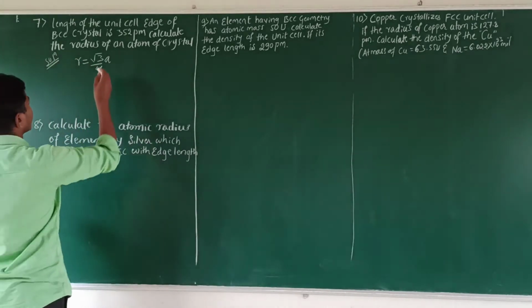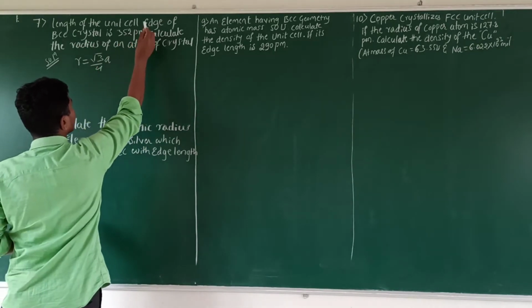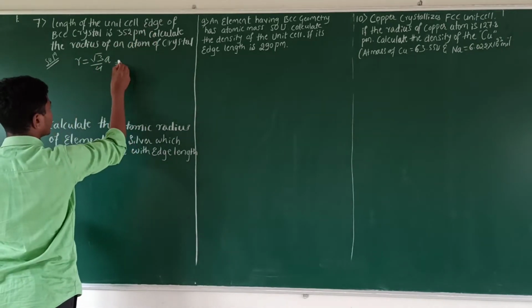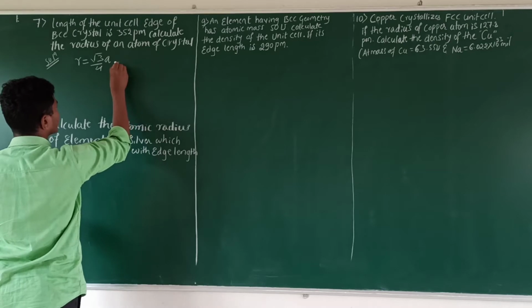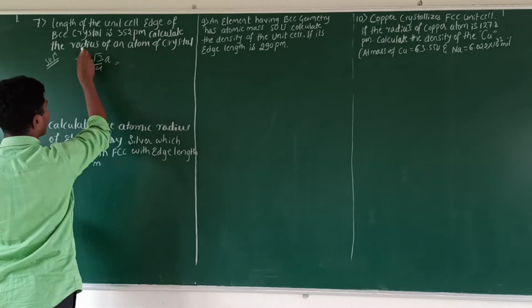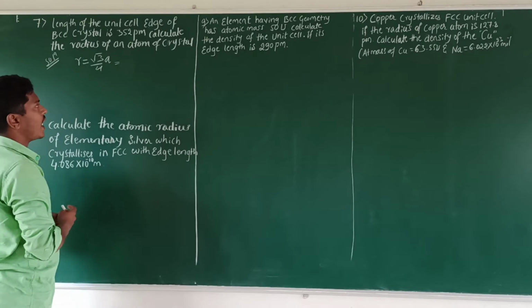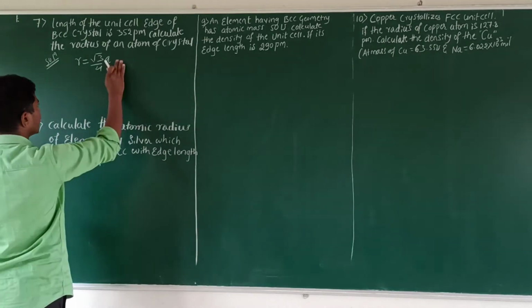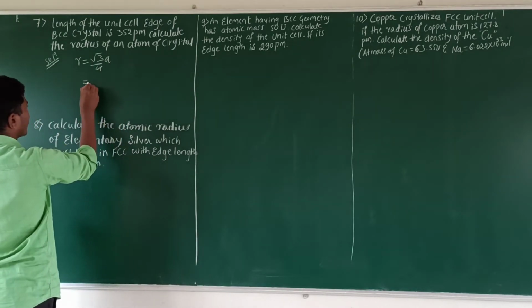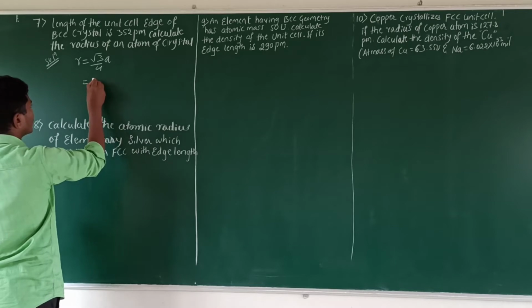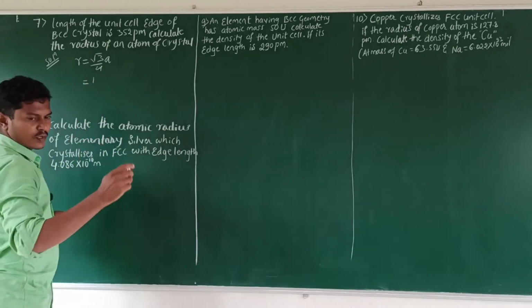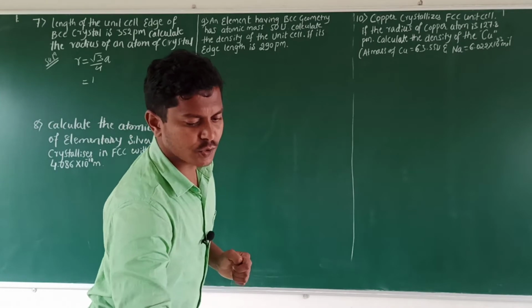They are already given the edge length, isn't it? They told us to calculate the radius of the atom of the crystal. Then we can write like this: root 3, use the calculator here.